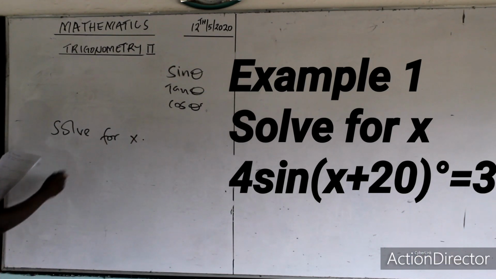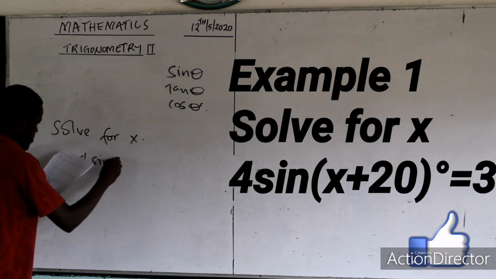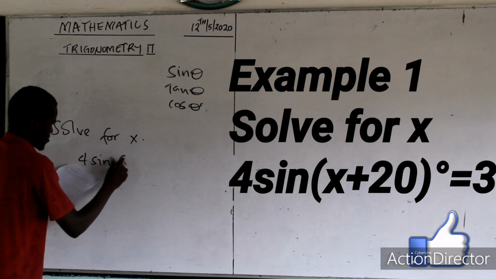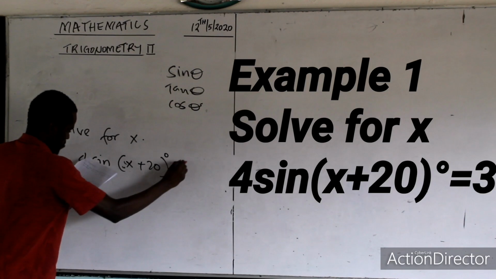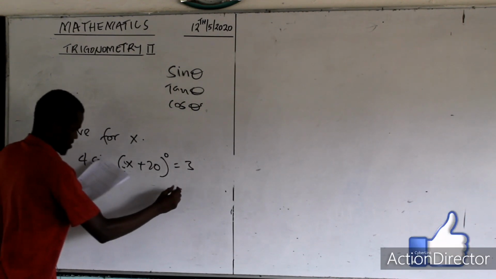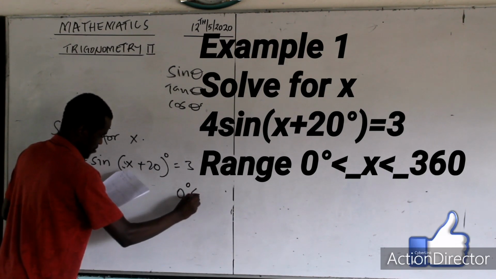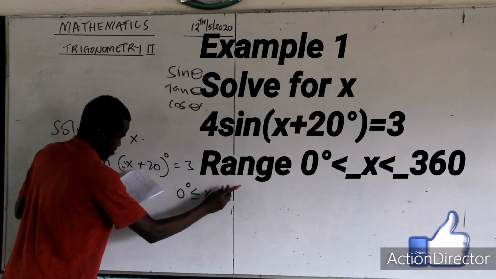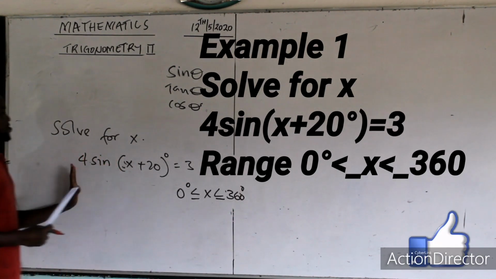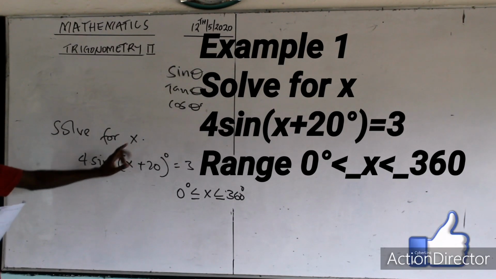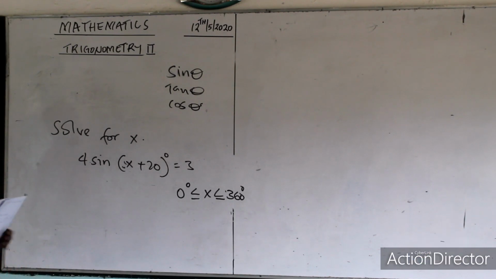The problem given is 4 sine into bracket x plus 20 degrees is equal to 3, and the range of x is given as 0 degrees less or equal to x, less or equal to 360 degrees. We want to get the value of x, and it should range from 0 to 360 degrees. So there we begin.